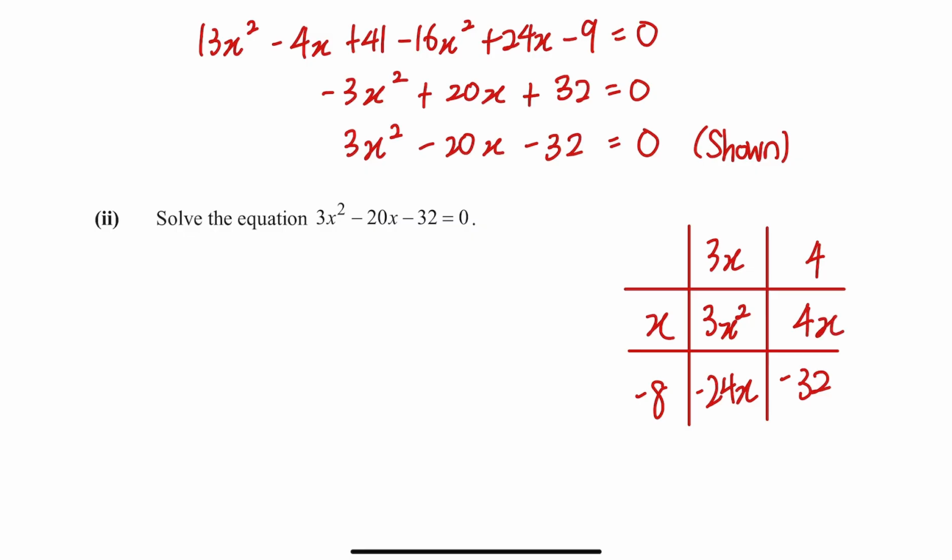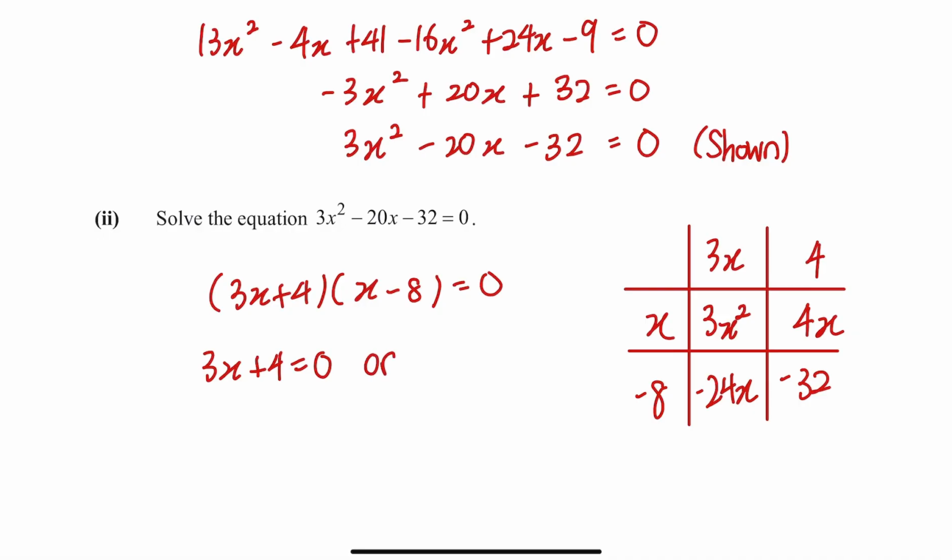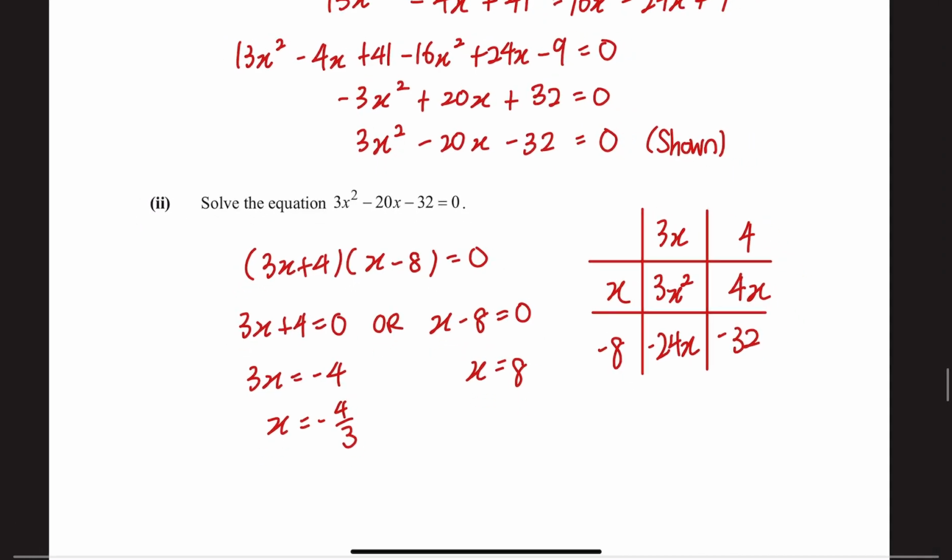So this will give me 3x plus 4 times x minus 8 equals 0. Therefore, 3x plus 4 equals 0, or x minus 8 equals 0. 3x equals negative 4, x equals negative 4 over 3, or x is equal to 8. Okay, and this is the answer for part 2.